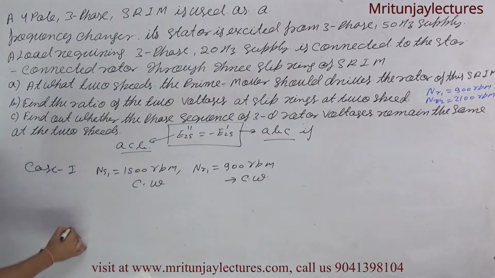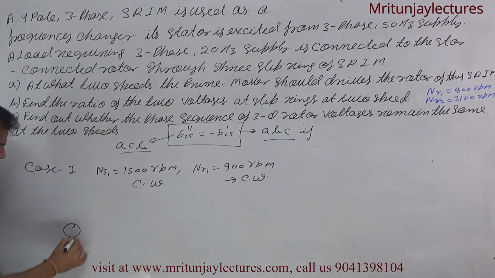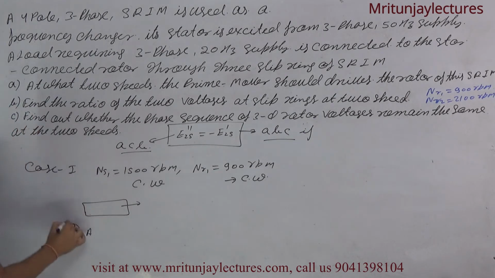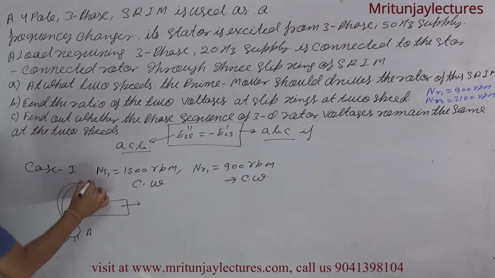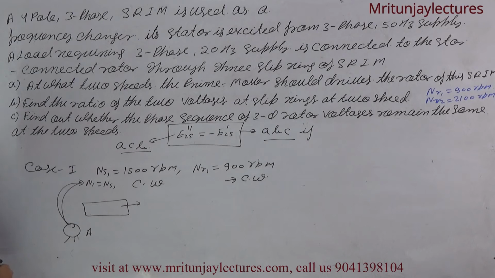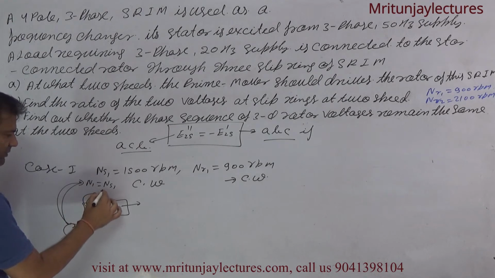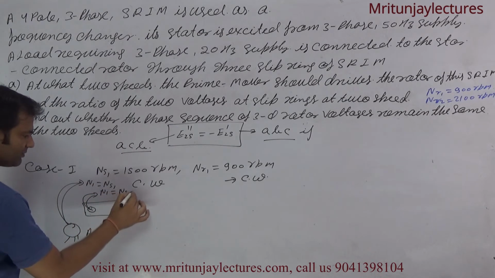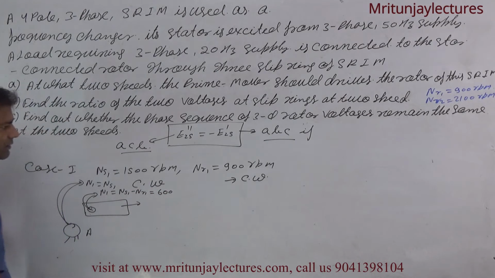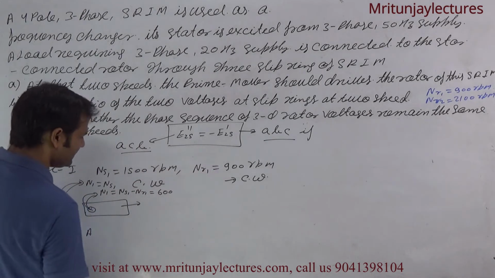First of all, if you sit on a stator winding A, and this one is the rotor, the stator field NS1 has a speed of 1500 RPM. Sitting on the rotor, the relative speed is NS1 minus NR1, that is 1500 minus 900, which is 600 RPM.